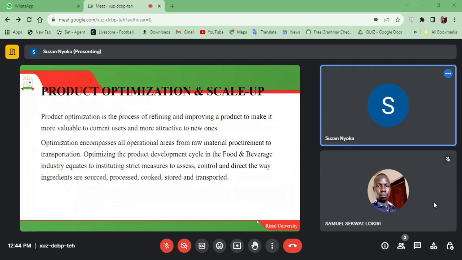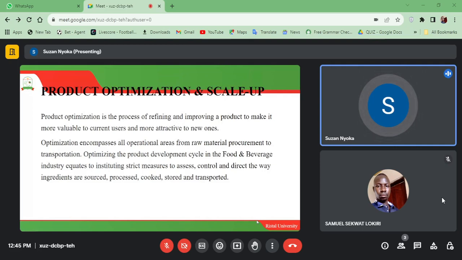Product optimization is the process of refining and improving a product just to make it more valuable and attractive to new users.